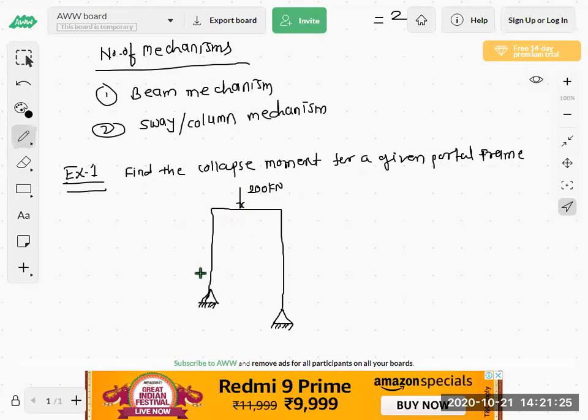That load is at a distance of 2 meter from this support, and from the other support it is at a distance of 3 meter. So this is the vertical load.